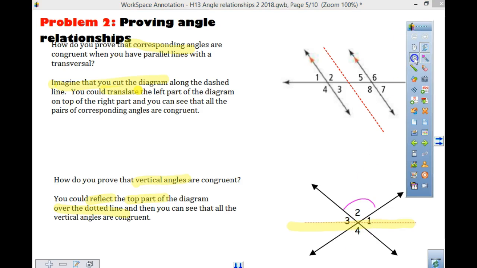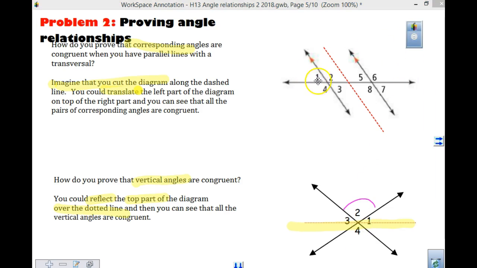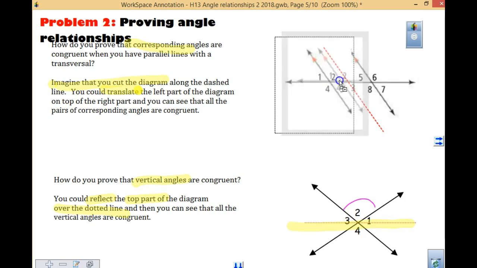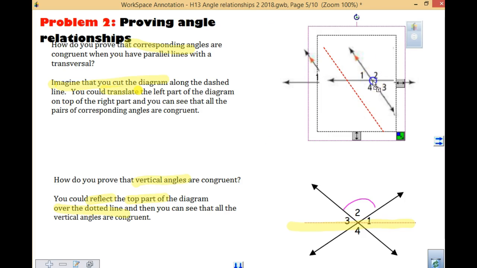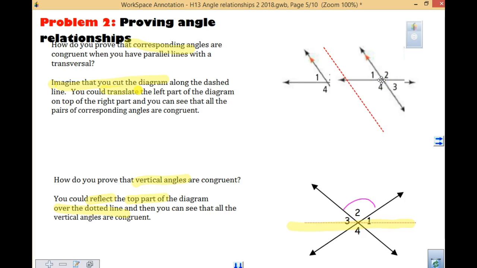The other thing is that I'm looking at this picture. If I take this one and I simply translate, so if I'm taking this picture and I slide it over right on top of this one, we're going to be able to see that those angles are exactly the same or congruent.